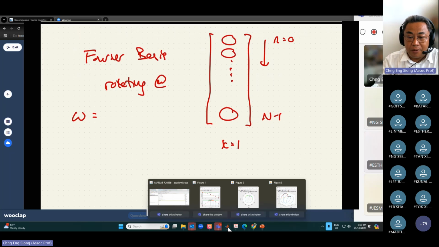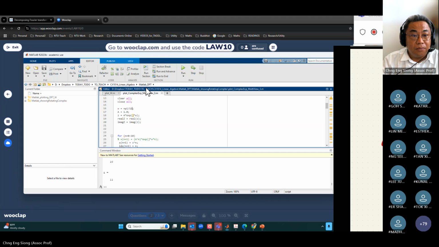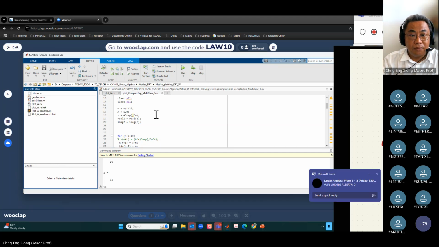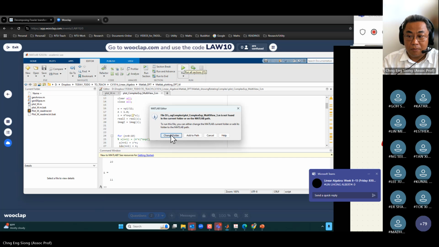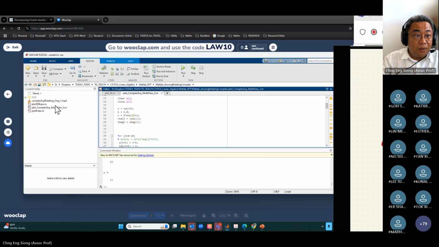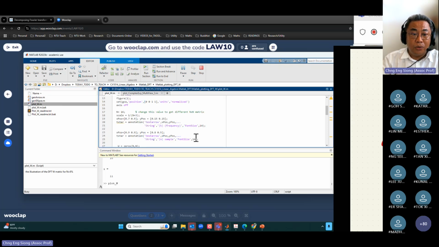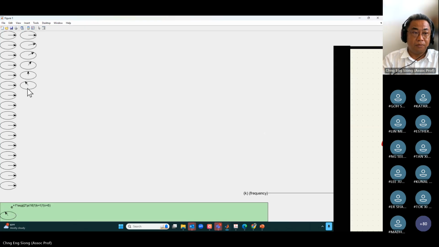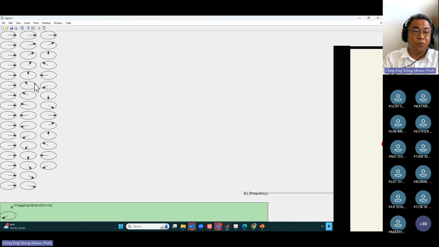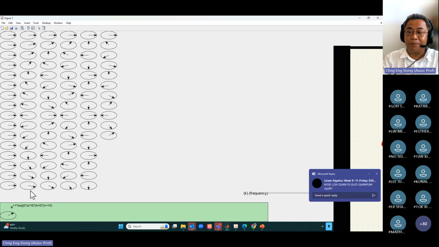Let's see our diagram again. I'm now showing you 16. I'm looking for k equals to 1. With k equals to 1, he's rotating, and after 16 samples, he will repeat.